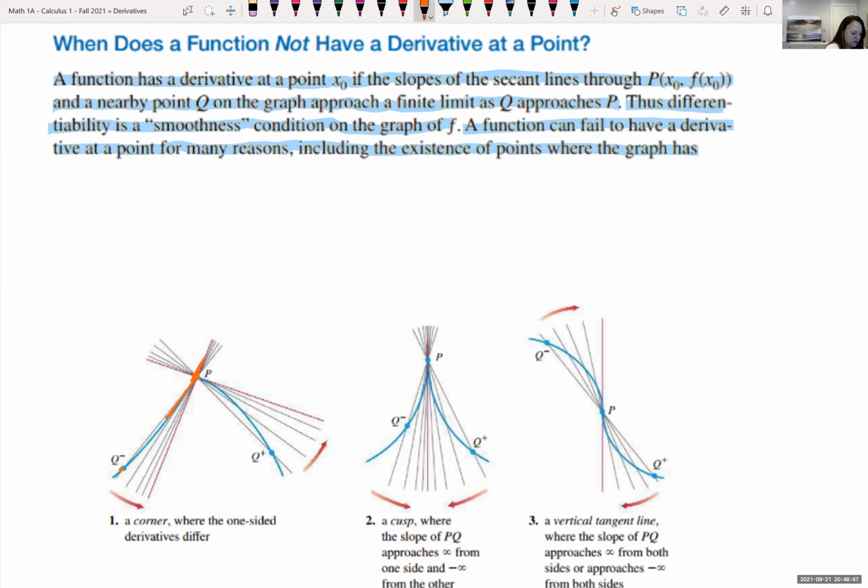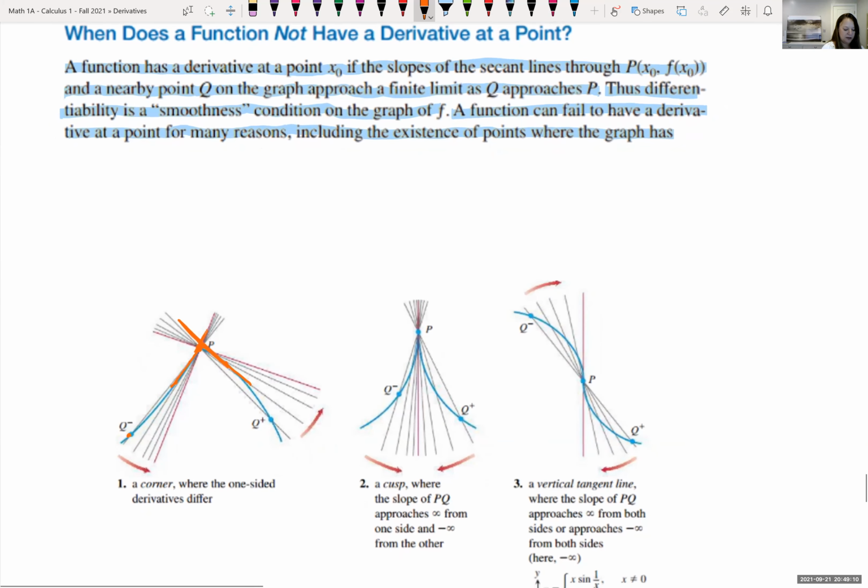But let's say we chose a point over here, and then P and Q, and look, the secant line has a different direction. Our slope is different depending on which side we're coming in from to that point. Since the derivative or the slope is not the same, it's not differentiable at that value.